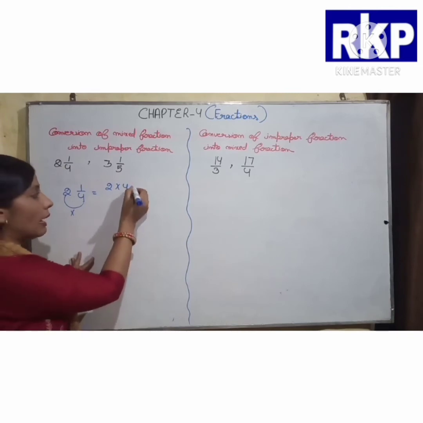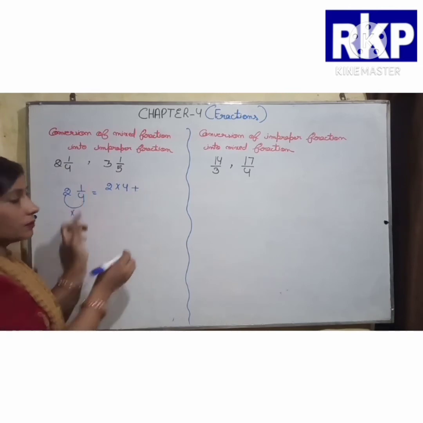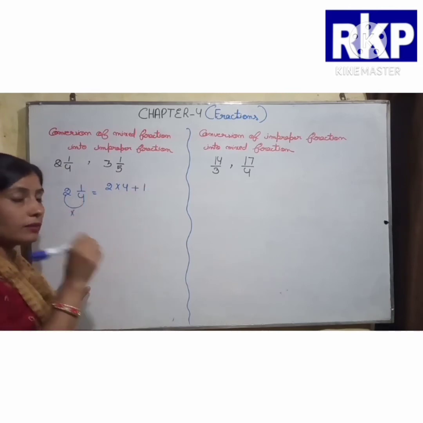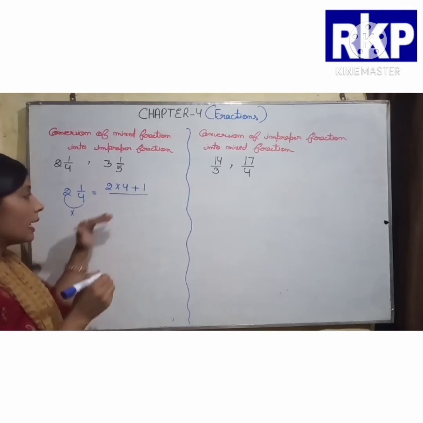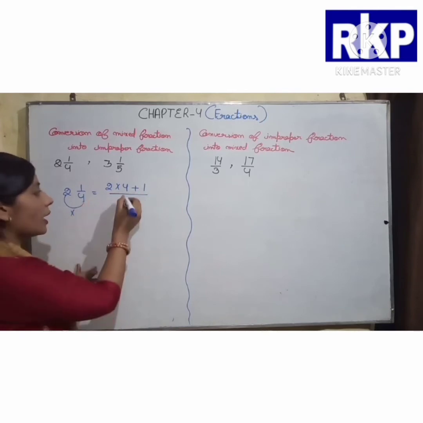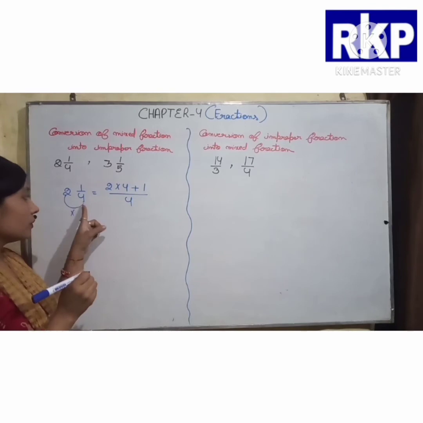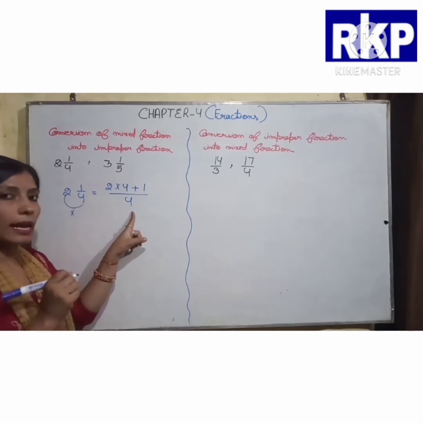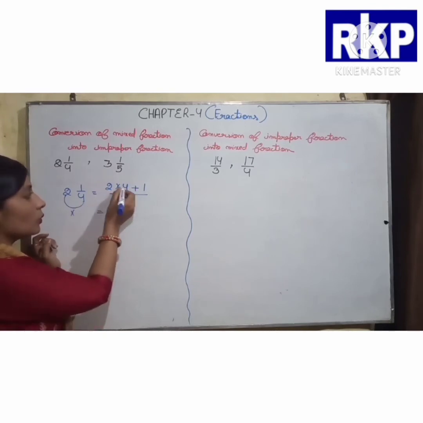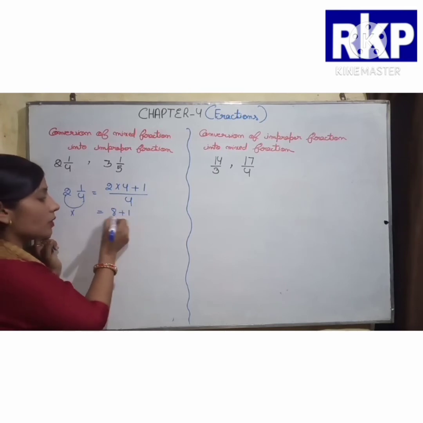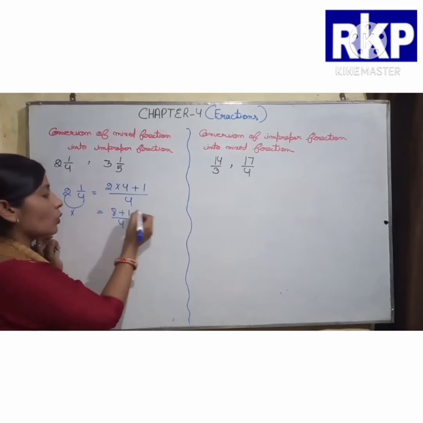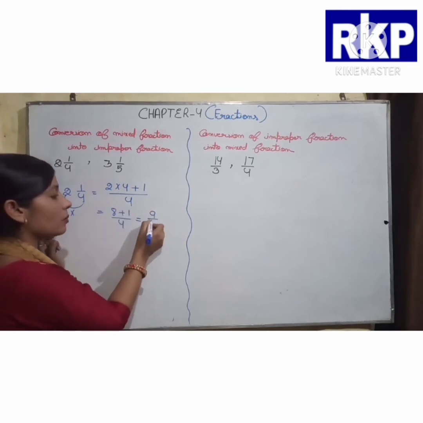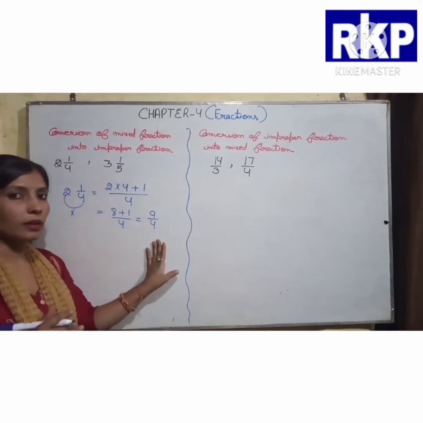Now we have to add the numerator, so we add 1. And as the denominator, we write this denominator 4 as it is. So 2 4s are 8, plus 1, by 4. 8 plus 1, 9 by 4 will be our answer.